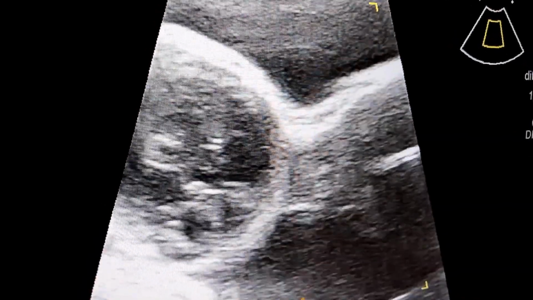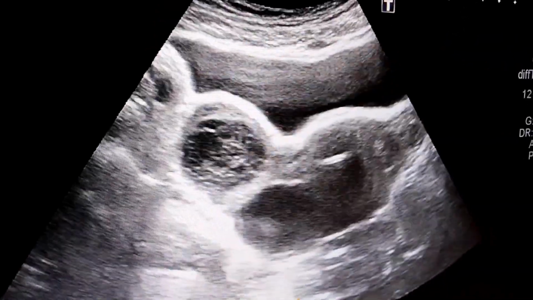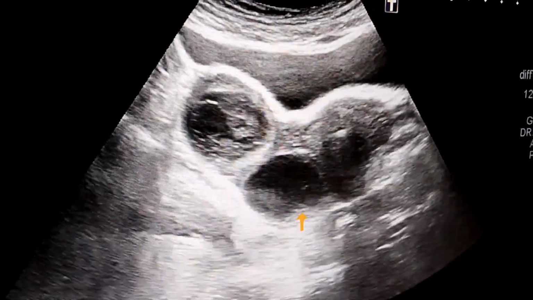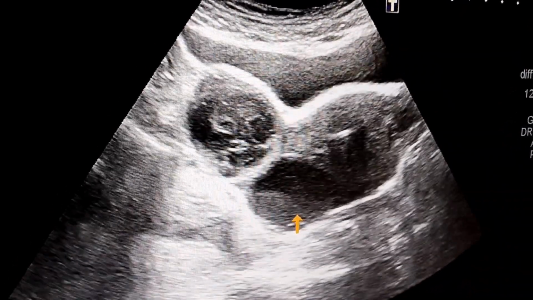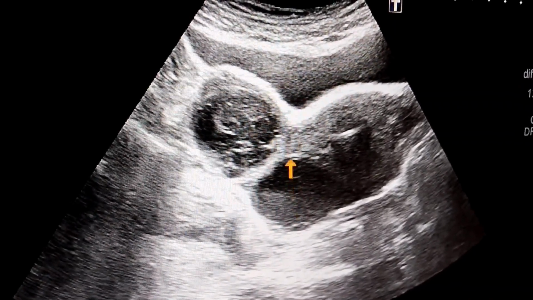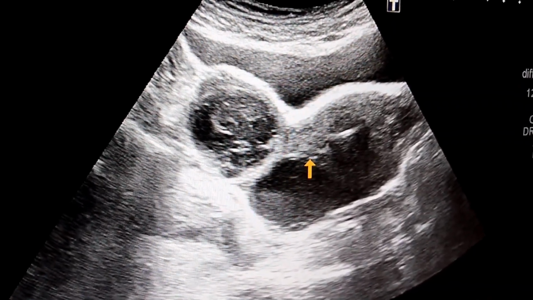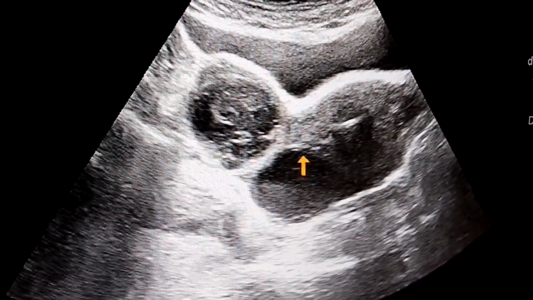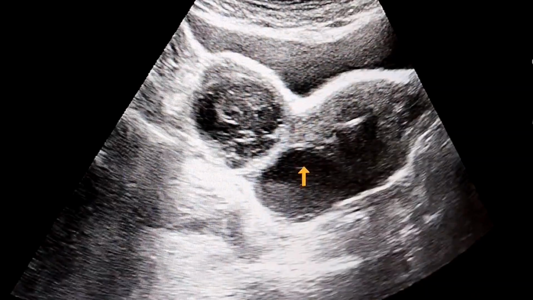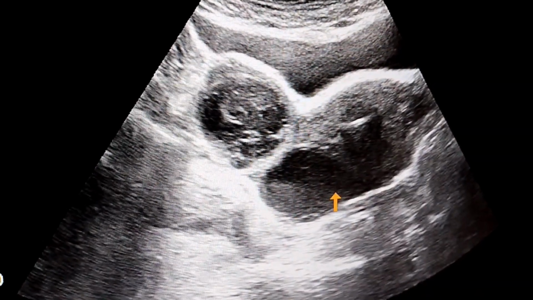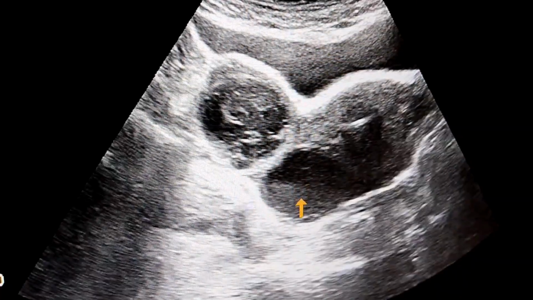Now this is another cystic lesion, we can appreciate this one. If we closely observe, we can appreciate the wall, which is not too much thick as this one, and also we can appreciate that this is an almost anechoic fluid, and this is the echogenic area which is settled down.